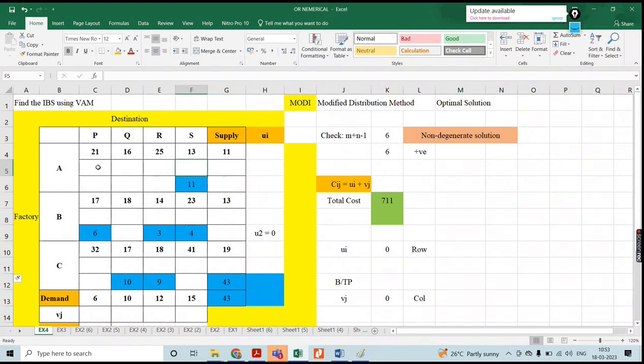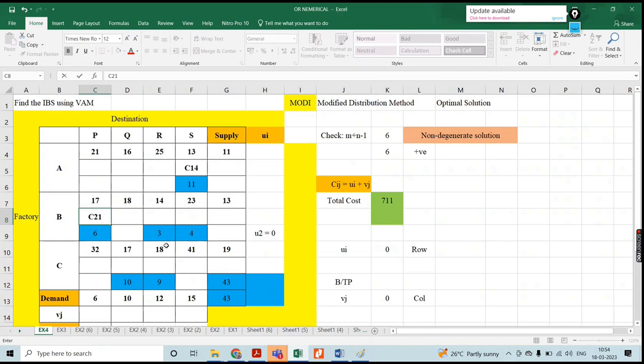What is this? This is 1, 2, 3, 4. With respect to that, this is C14. Is it correct? This, not this. 13 is C14. Allocation, what has happened? This 11 quantity is allocated for this. Then what is this?